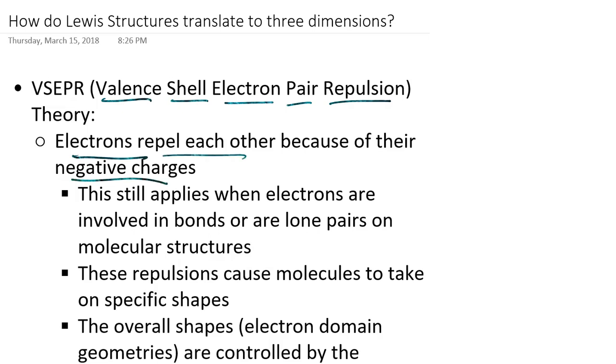Now, this is true of electrons that are traveling through space within an atom, but it's also true of electrons that exist in structures of molecules. So whether these electrons are involved in bonds or whether they're lone pairs located on atoms within a structure, electrons will still repel each other. That does not change simply because they're part of a molecular structure as opposed to an atomic structure.